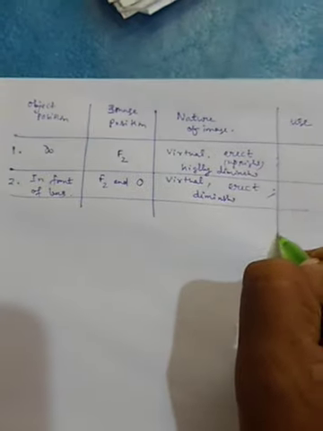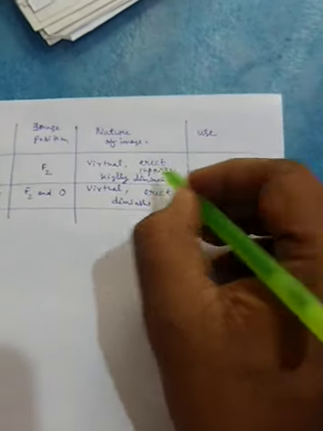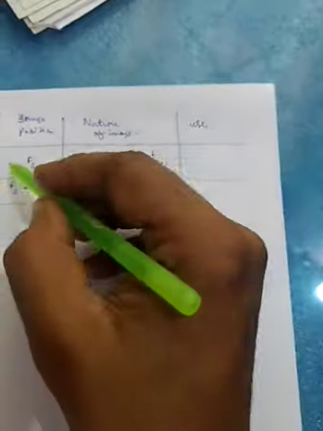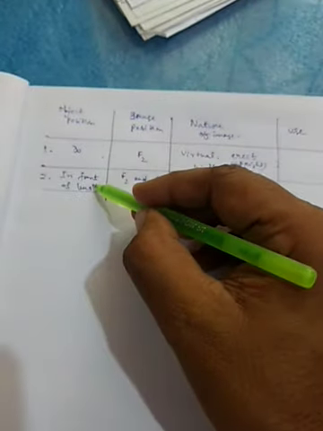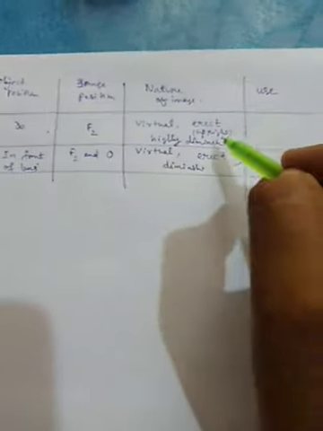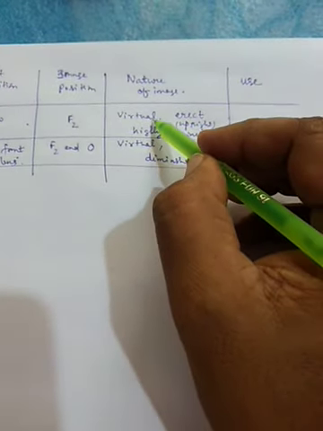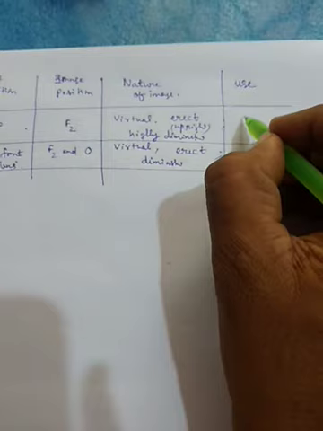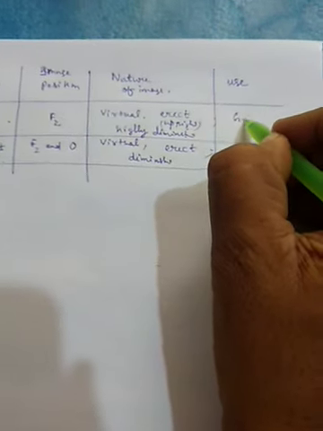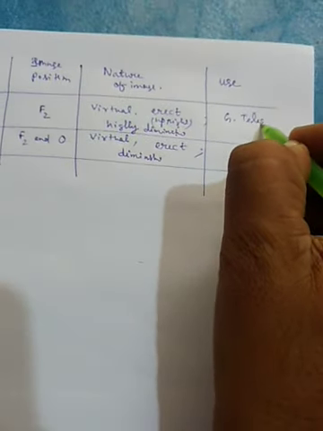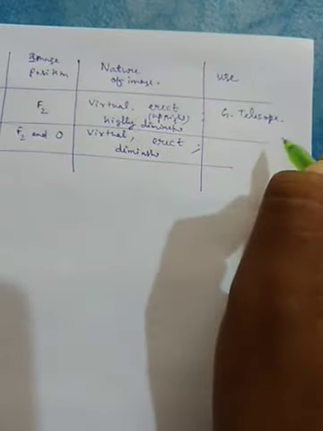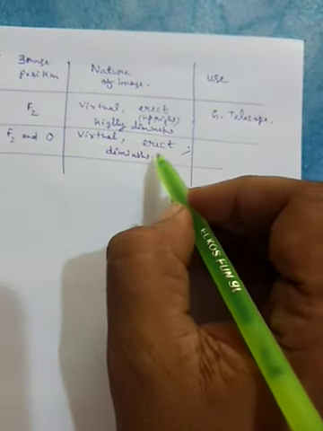Now we have to remember the uses of the image when the object is kept at infinity and in front of the lens. As the image is highly diminished, upright and virtual, it can be used in a Galilean telescope. Here the image is virtual, erect and diminished.